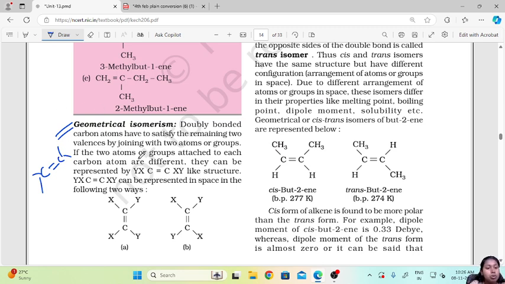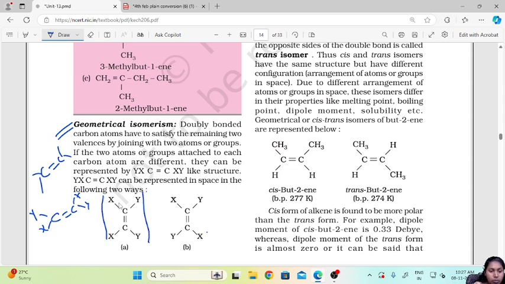Now if the two atoms or groups attached to each carbon atom are different, they can be represented as structures like XYC=CXY. If your carbon-carbon double bond is attached to two different groups, X and Y, then you can have one structure where both the X's are on the same side and both the Y's are on the same side.